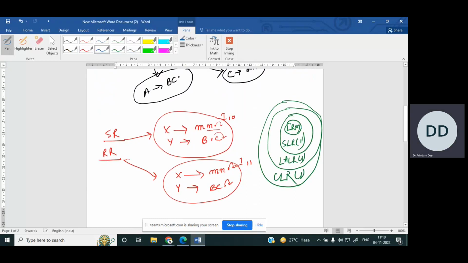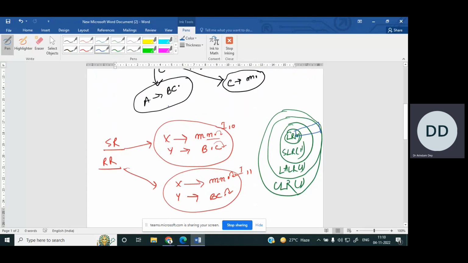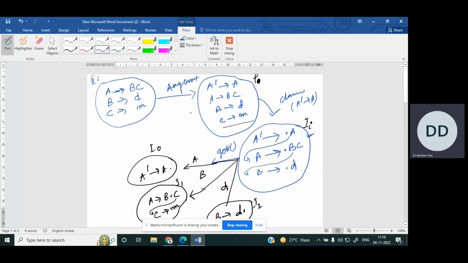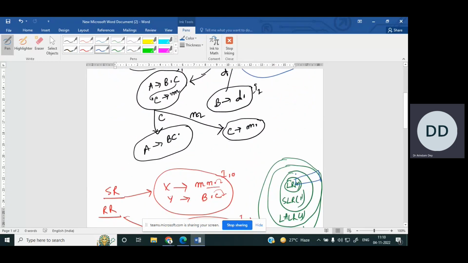And your LL1 grammar was up to here. This was the diagram. Correct? Now, our focus is whether the grammar G that we have taken here is LR0 or SLR1. First, we will look into these two aspects, the LR0 aspect and the SLR1 aspect. Later, we will move to LALR and CLR.